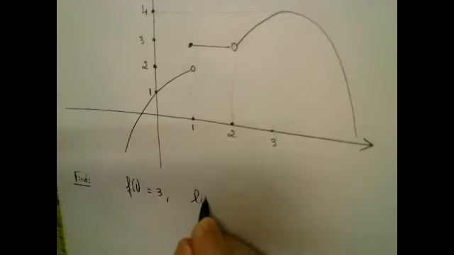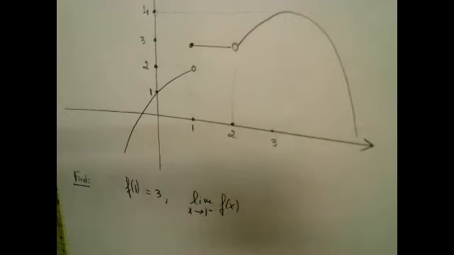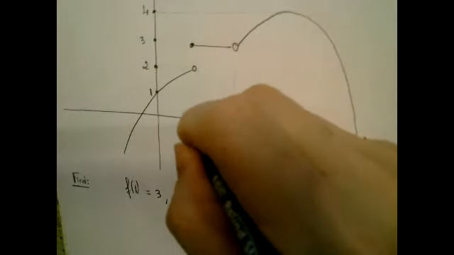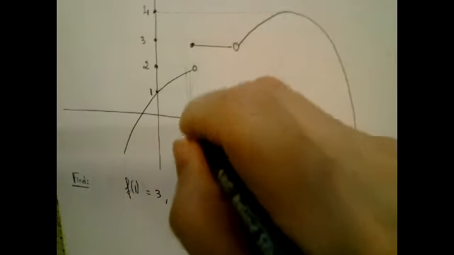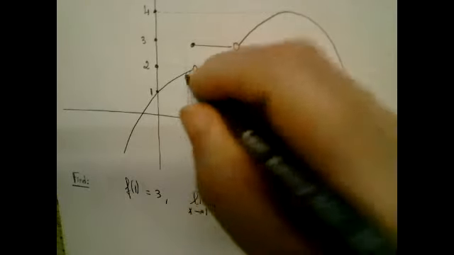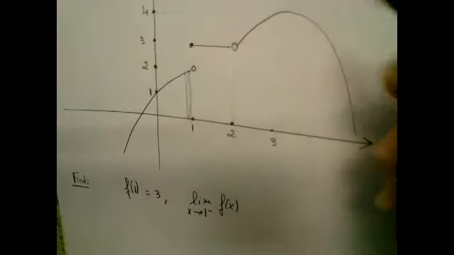What's the limit as x becomes close to 1 from the minus of f of x? So what am I interested in? This is 1 from here. These are the output values. This is what I am interested in. So I'm interested in those, and the value is equal to 2.